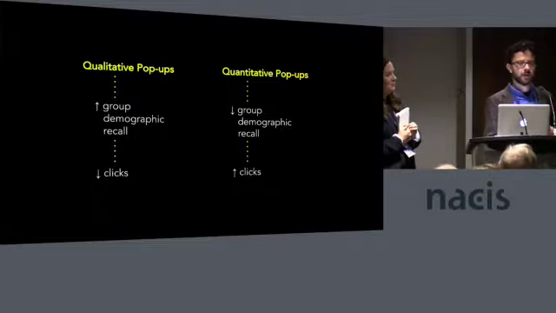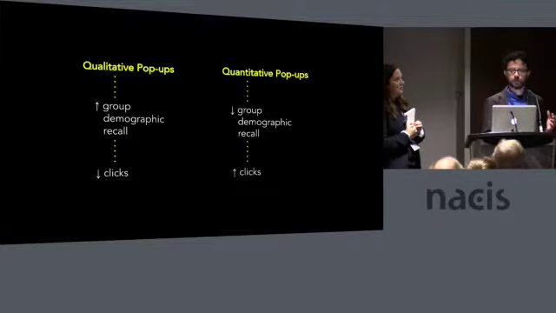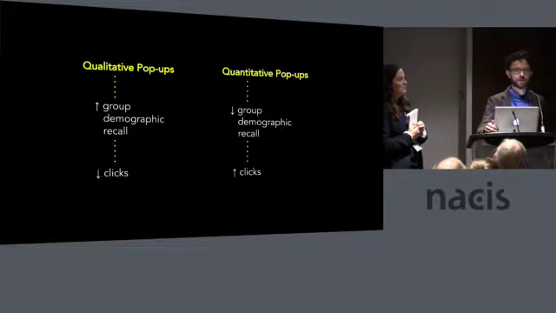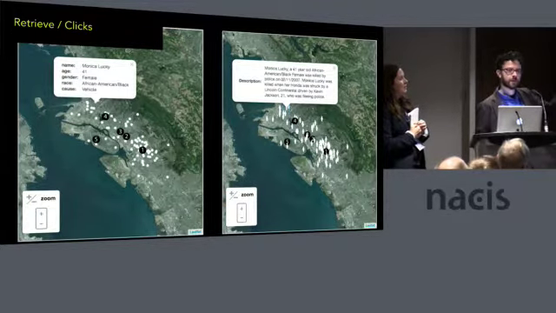A lot of people pointed out that a lot of children were affected by this violence, so in the qualitative pop-ups they were more likely to recall that information. So, mixed results in how we understand this. Here's an example of the quantitative versus the qualitative: very categorical versus sentence.